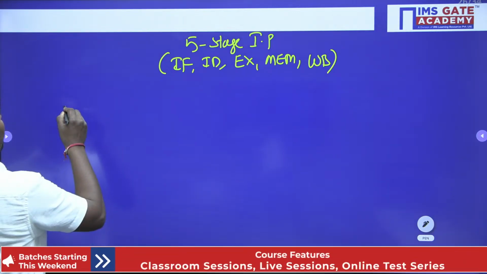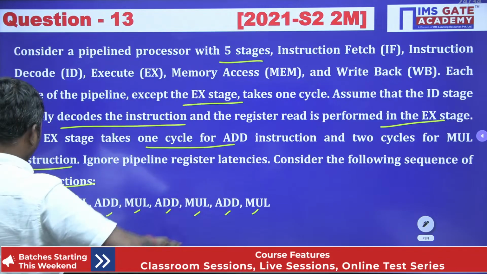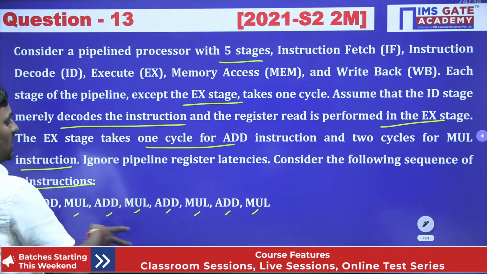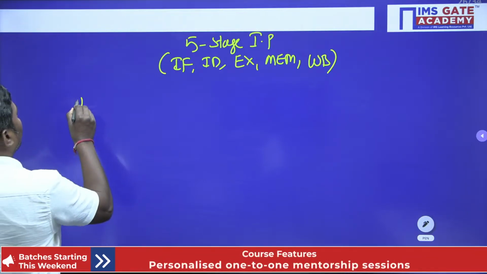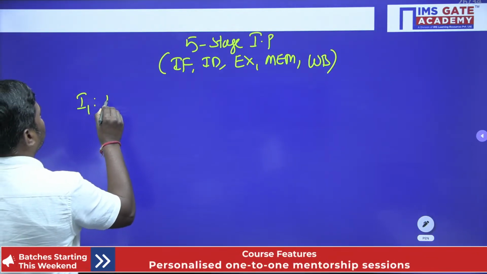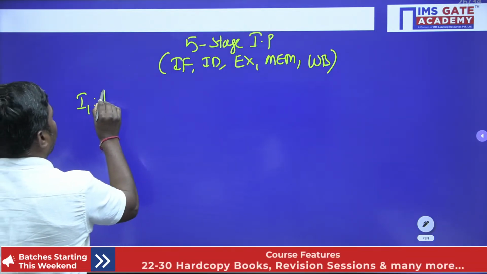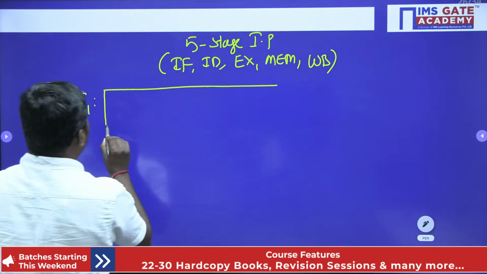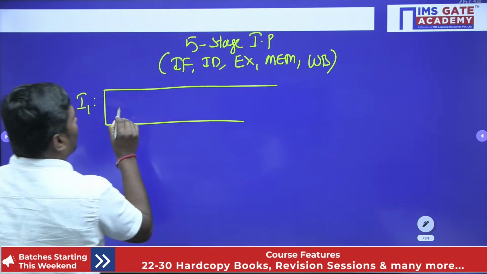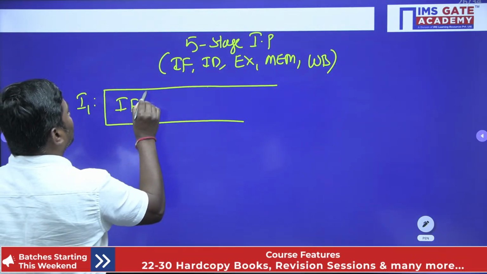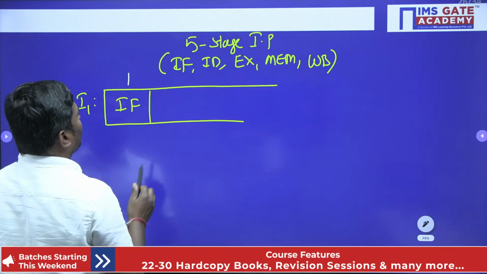What is instruction 1? Addition. So instruction I1, addition: instruction fetch takes 1 clock.